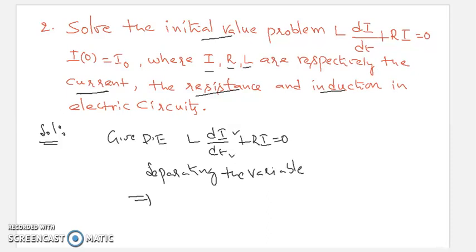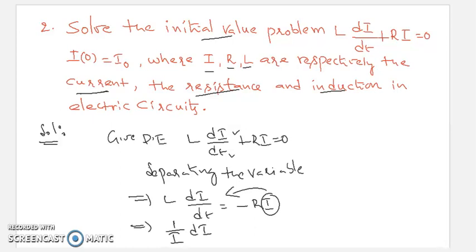Now L di by dt is equal to minus Ri. After that we are going to separate I and di terms to one side. Here the I function is on the right hand side of the equal sign, so taking it to this side, we have 1 by I into di.